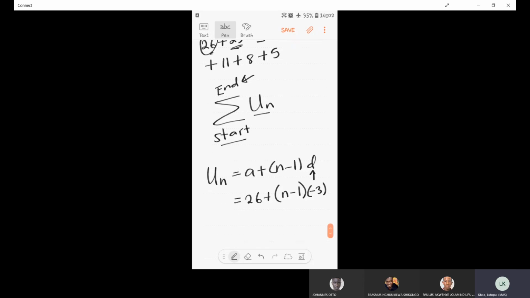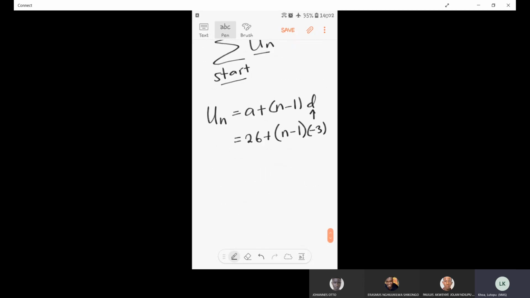Then you simplify this as far as possible. This is 26, the negative 3 multiplies inside, so you have negative 3n plus 3. So this is equal to 26 plus 3, which is 29 minus 3n.